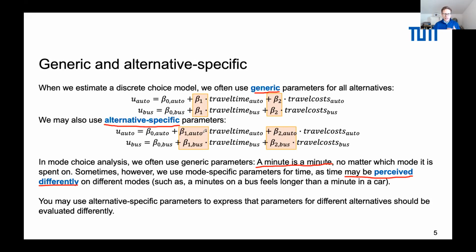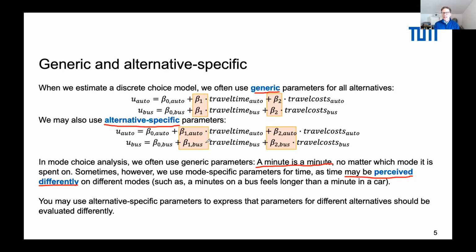So this is a difference. That's where you could say, well, the travel time in the car, I value less onerous because I can sing along to the radio, whereas the travel time in the bus feels longer because I cannot chant along to the Christmas carols. So this is where people argue we can use a different parameter on travel time for different alternatives.